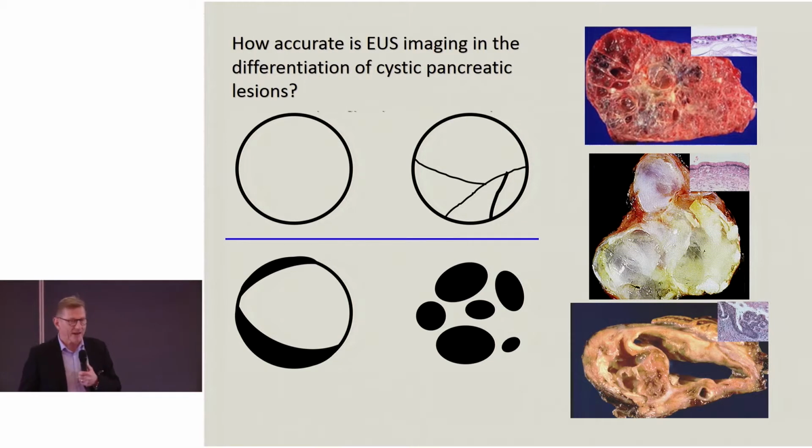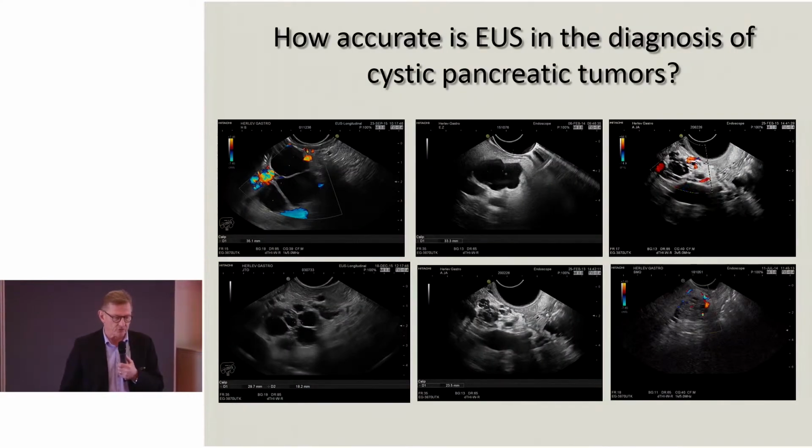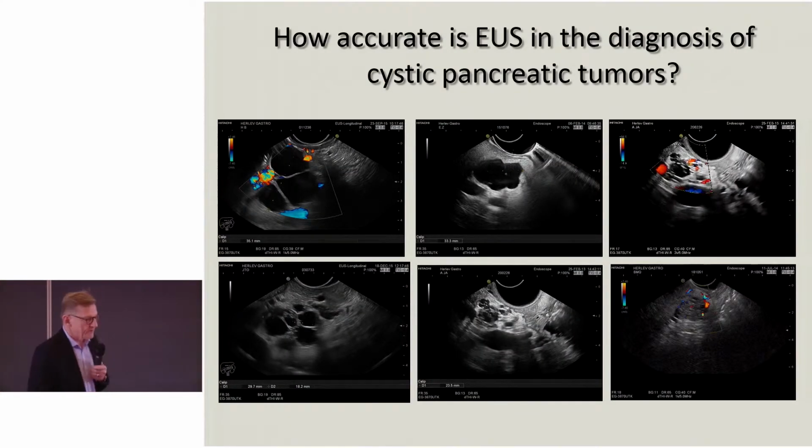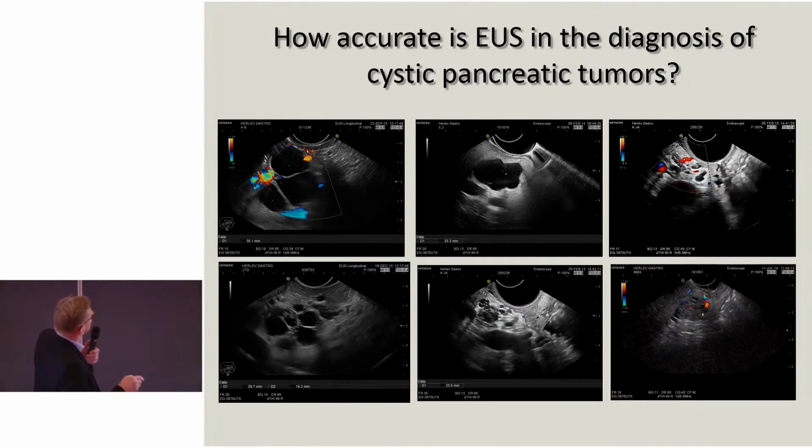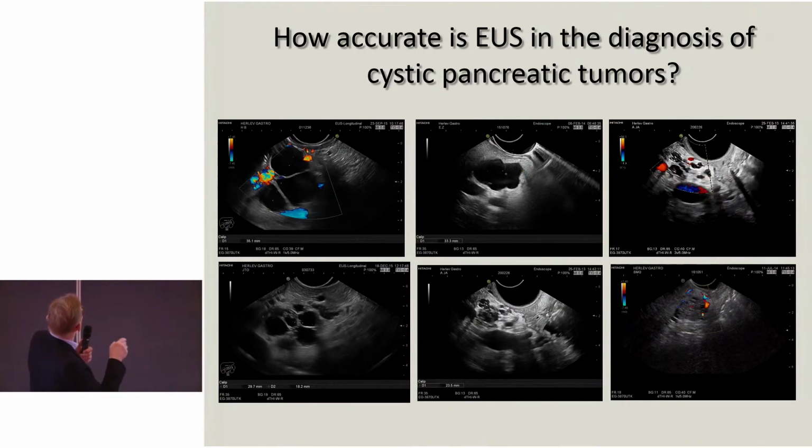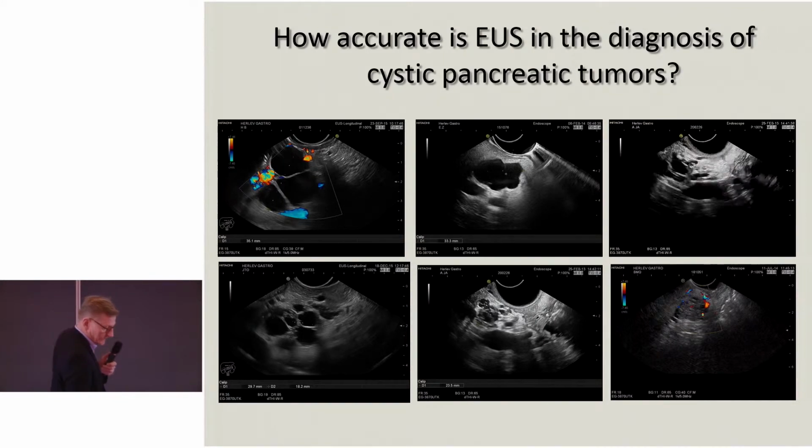How accurate is EUS in the differentiation between these cysts? You know, serous cystadenoma, mucinous cystadenoma, and EUS is very, very accurate at depicting the morphology of these cysts. But how accurate is it in the prediction of the right diagnosis? Here you see a number of different cystic tumors.